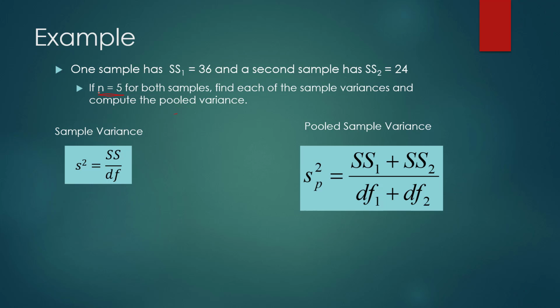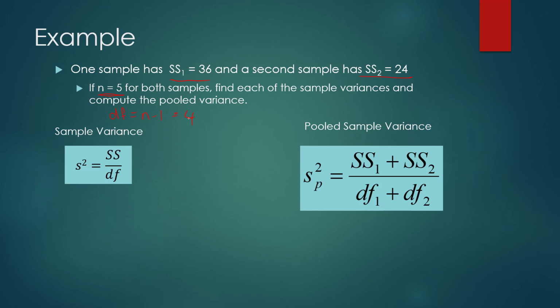So what we know is we have an SS1, sum of squared deviations for sample 1, of 36. Our sum of squared deviations for sample 2 is 24. We know that our n is 5, so that gives us degrees of freedom, n minus 1, of 4 for both samples.